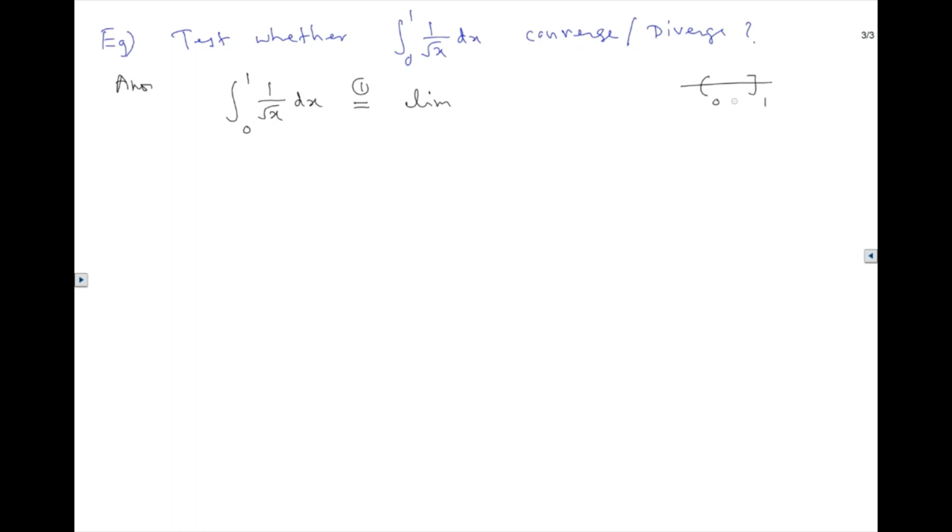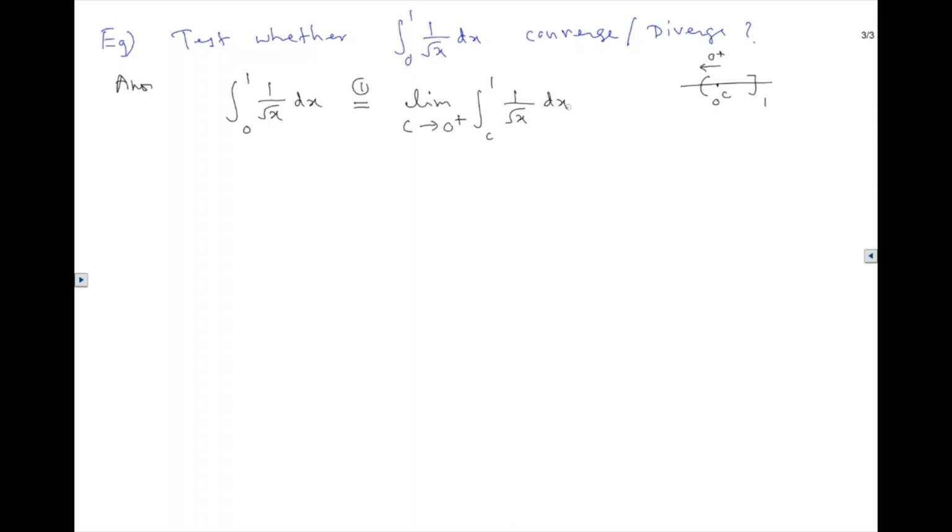Why open at 0? Because at 0 it does not exist. So we're going to pick a c here, and then we send that to 0 from the right, so 0 plus. So it's the limit as c goes to 0 plus of the integral from c to 1 of 1 over square root of x dx. That's the limit definition.